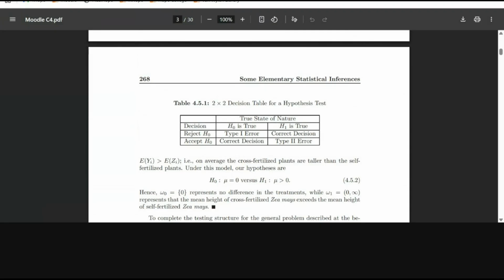So I think, as with all things in life, it should be quite clear to you that you cannot fully win all the time. Think about it. Is it clear to you that if I tweak my test to make the possibility of making a type 1 error very low, what's going to happen?